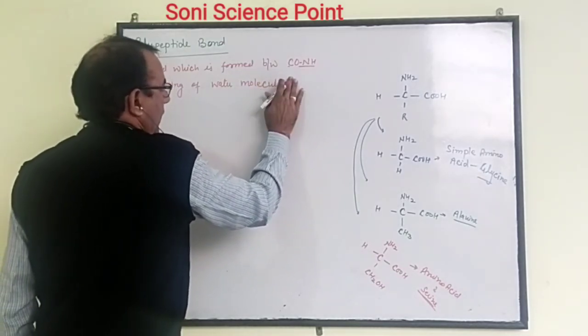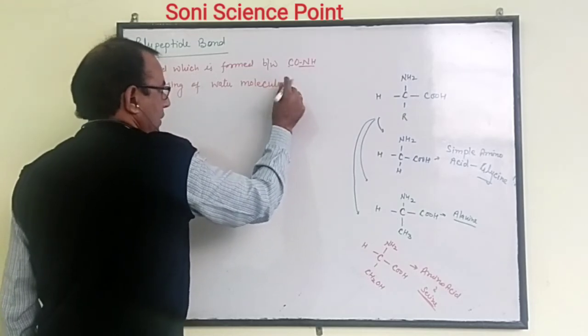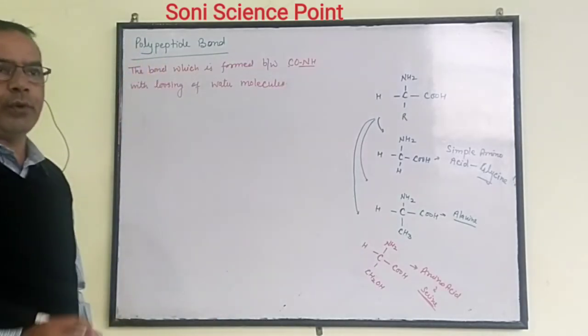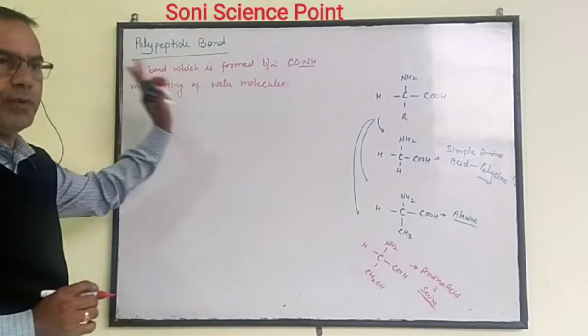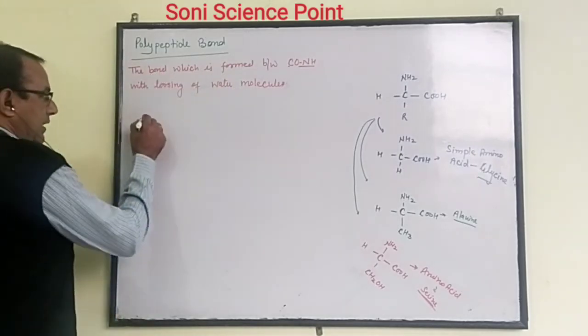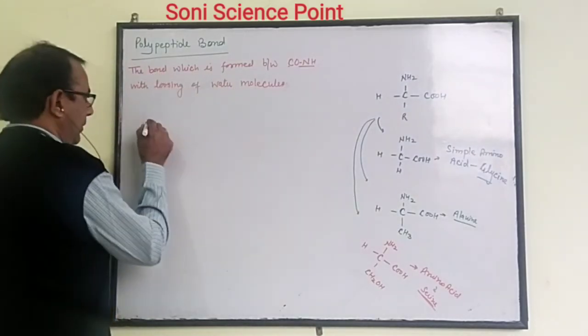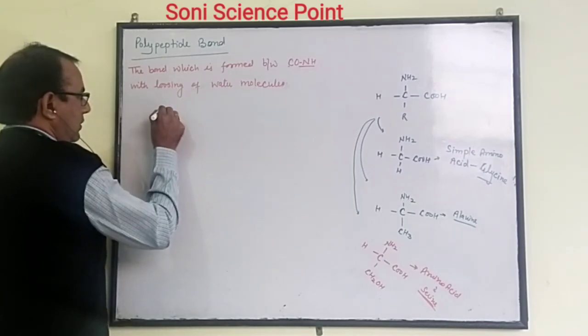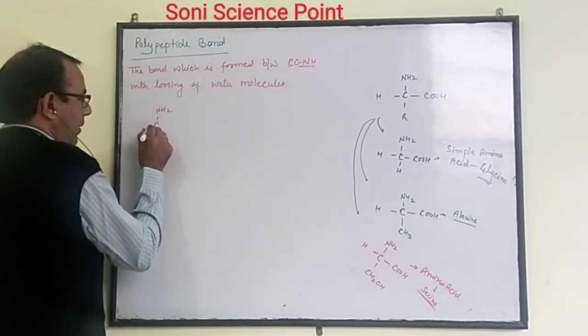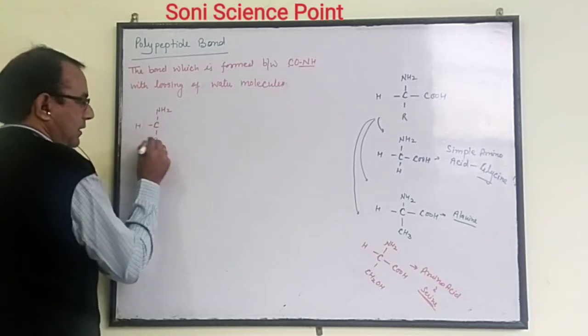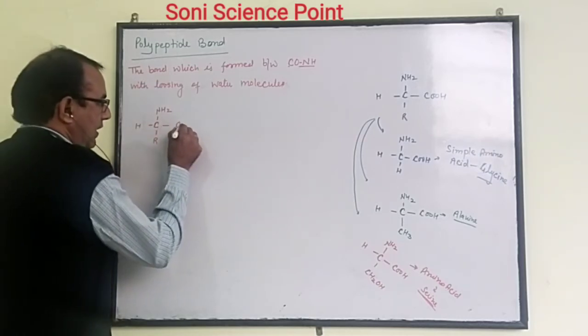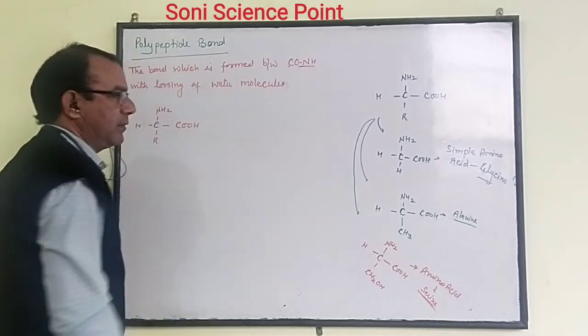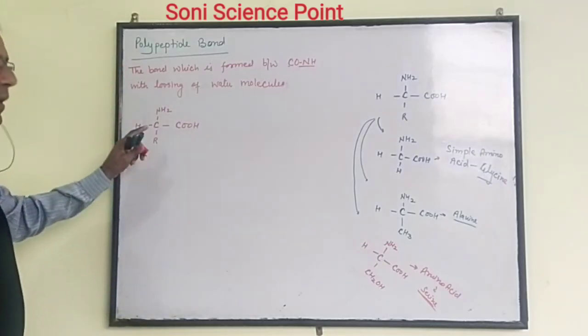As amino acids form a long chain, during the formation of the long chain, a polypeptide is formed. For example, we can take two amino acids. One carbon with NH2, an amino group on one side, H on one side, R on the other side, and COOH, the carboxylic acid, on the other.